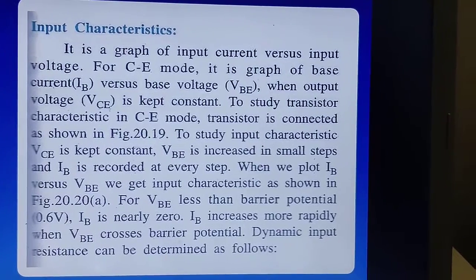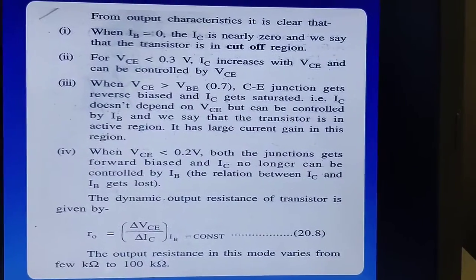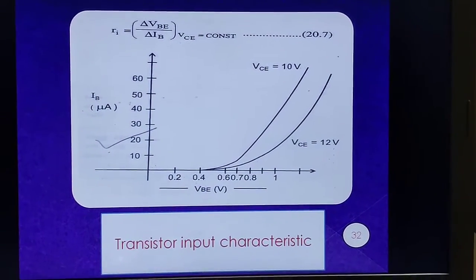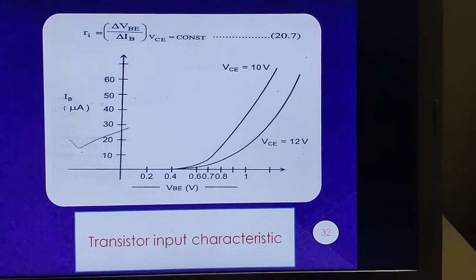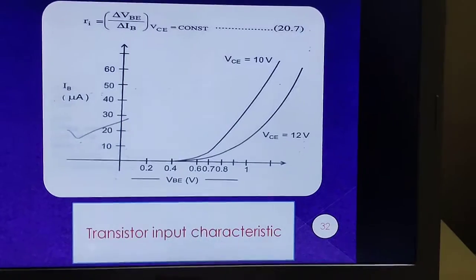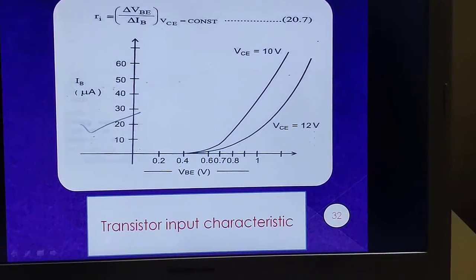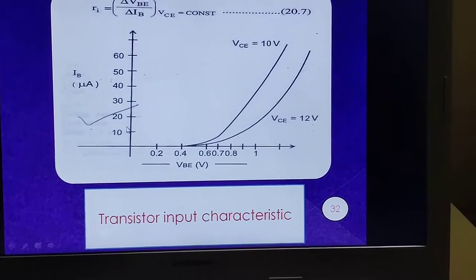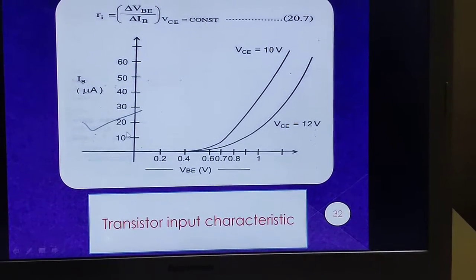The graph appears like this somewhat. It is a regular graph like a diode. So this is the input characteristic graph. We see that this IB varies from 10 microamperes to somewhere around 60 microamperes.